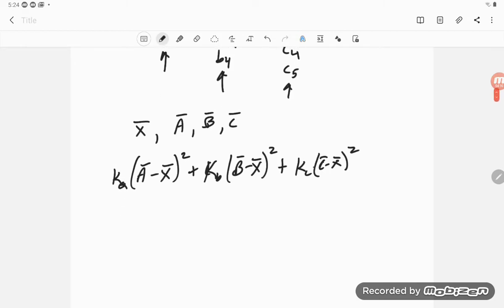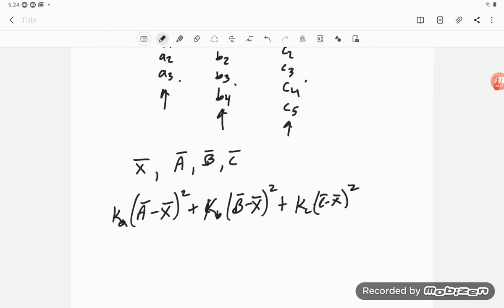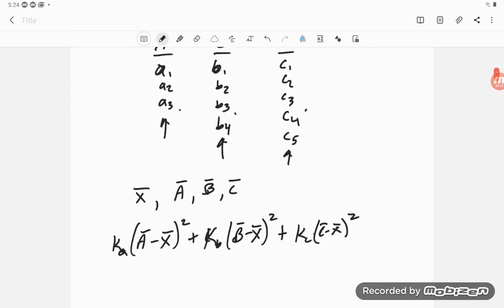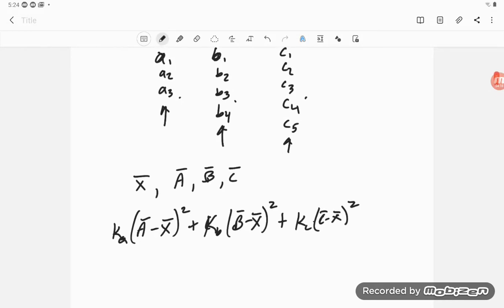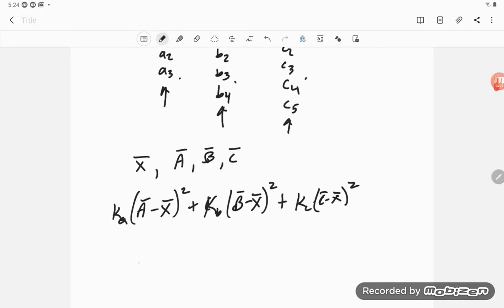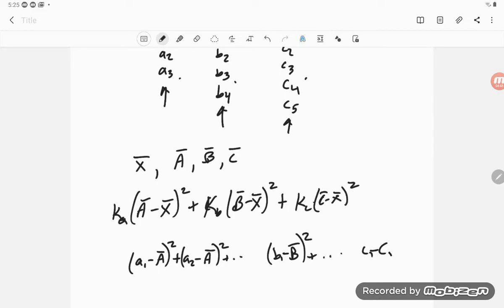Then we also want to take a look within the columns. So we'll look at A1 minus A bar squared plus A2 minus A bar squared, and so forth. We'll do the B's, B1 minus B bar squared, and we'll get to the C's, C1 minus C bar squared.